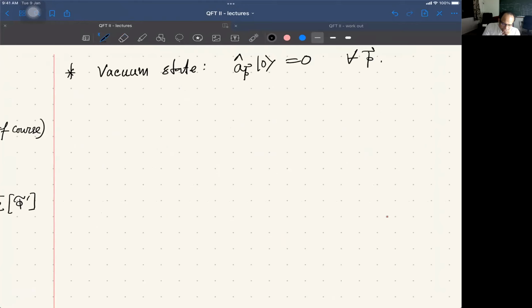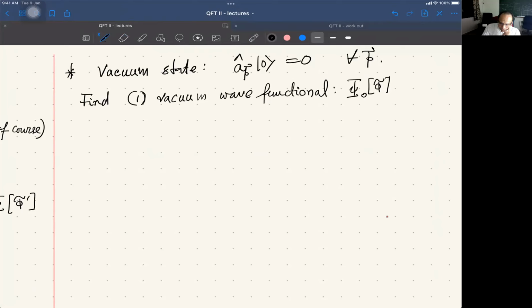So now the exercise is to find, number one, the vacuum wave functional Ψ_0(φ̃), which by definition is ⟨φ̃|0⟩.